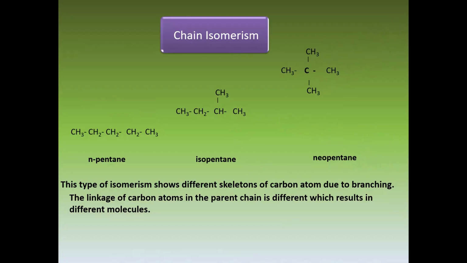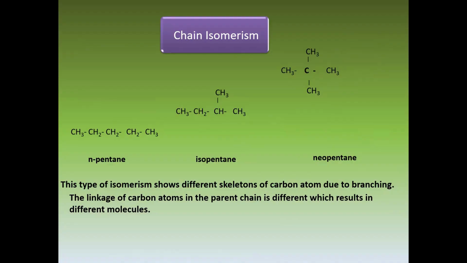All these structures have their IUPAC names also, but as we are discussing isomerism at this time, we can notice here all of these three compounds have the same molecular formula, that is, all have 5 carbons and 12 hydrogens, but all are different in their structure.